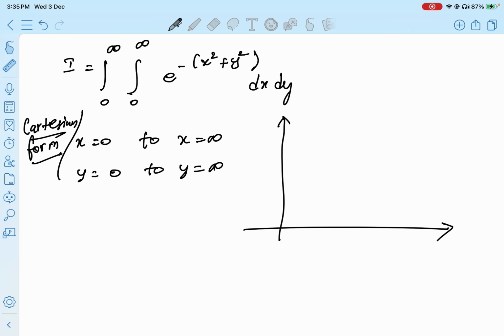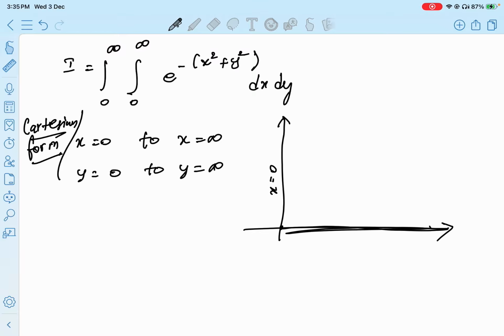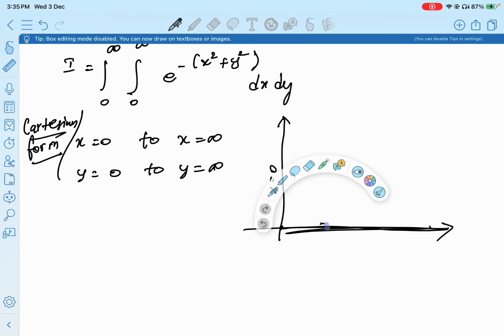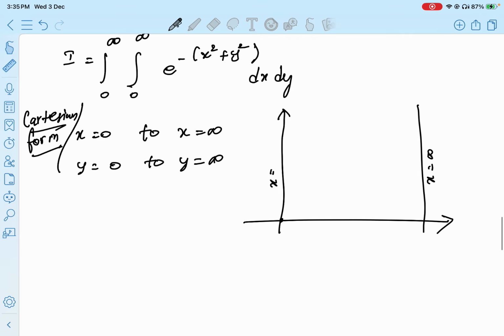This is the x-axis and y-axis. So you can see x equal to 0 first. x equal to 0 means this will lie on this line. Next, y equal to 0. And x equal to infinity will approximately lie somewhere in this line.